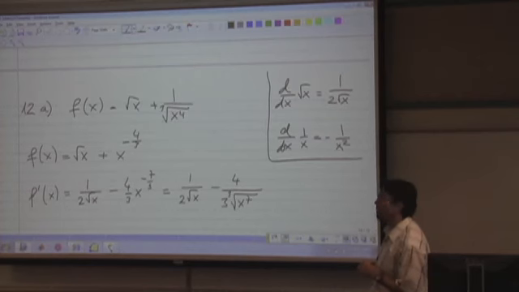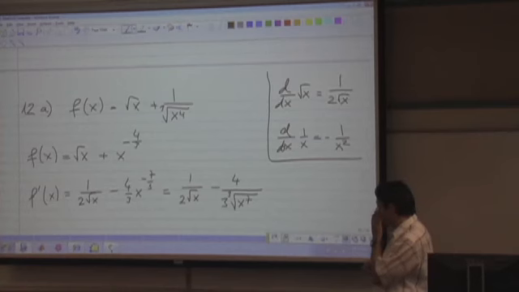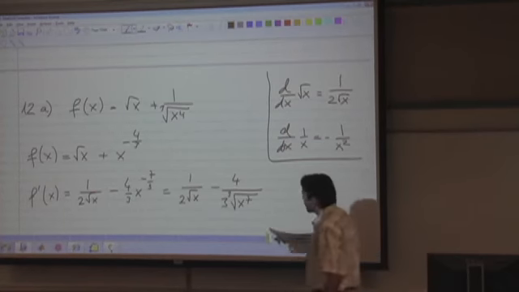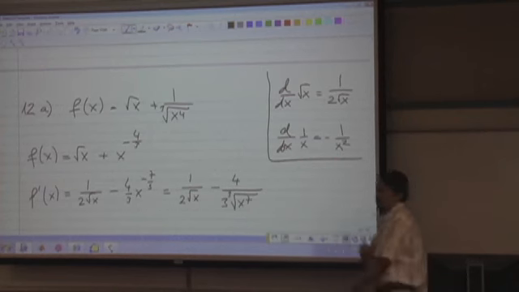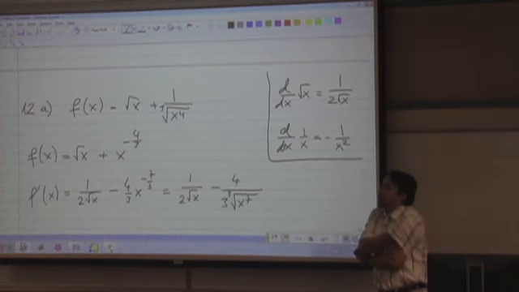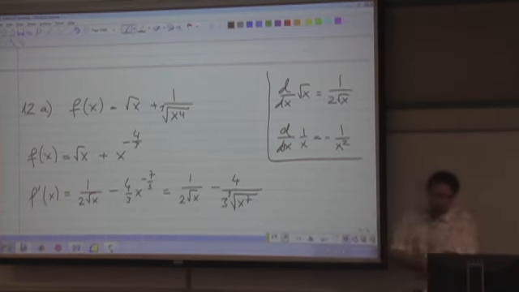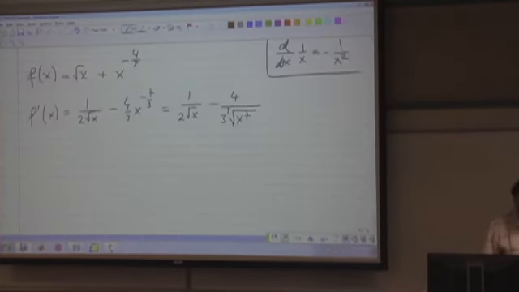You can write it as x to the 7/3 if you want. Chances are you're probably better off writing it as a root, but it doesn't really matter that much at this point. The only reason why I said it's probably going to be better if you write it as a root is because, again, the question would be what's 8 to 2/3?